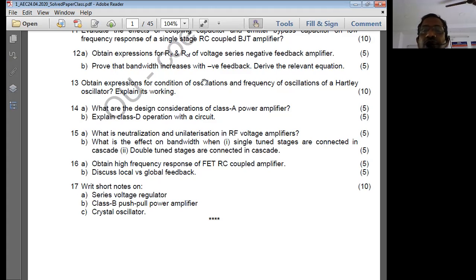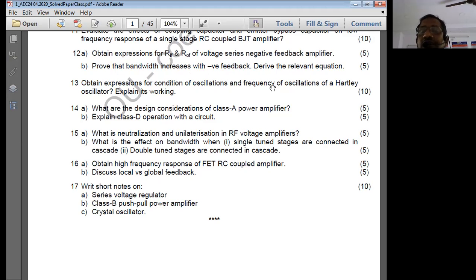Once you substitute mod A beta equal to 1, you should get the expression for HFE. What should be the value of HFE, that is the DC current gain of the amplifier, how much it should be, that has to be pre-calculated. That is called condition of oscillations. If it is satisfied, then only A beta becomes equal to 1.